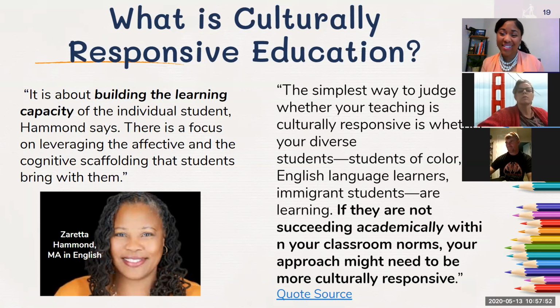You know how you know that? Data. If they are not succeeding academically in your classroom, your approach might not be culturally responsive. So that's a moment to self-reflect: are all groups of students actually learning? Is this evidenced in my data? If not, then perhaps you could change your approach.